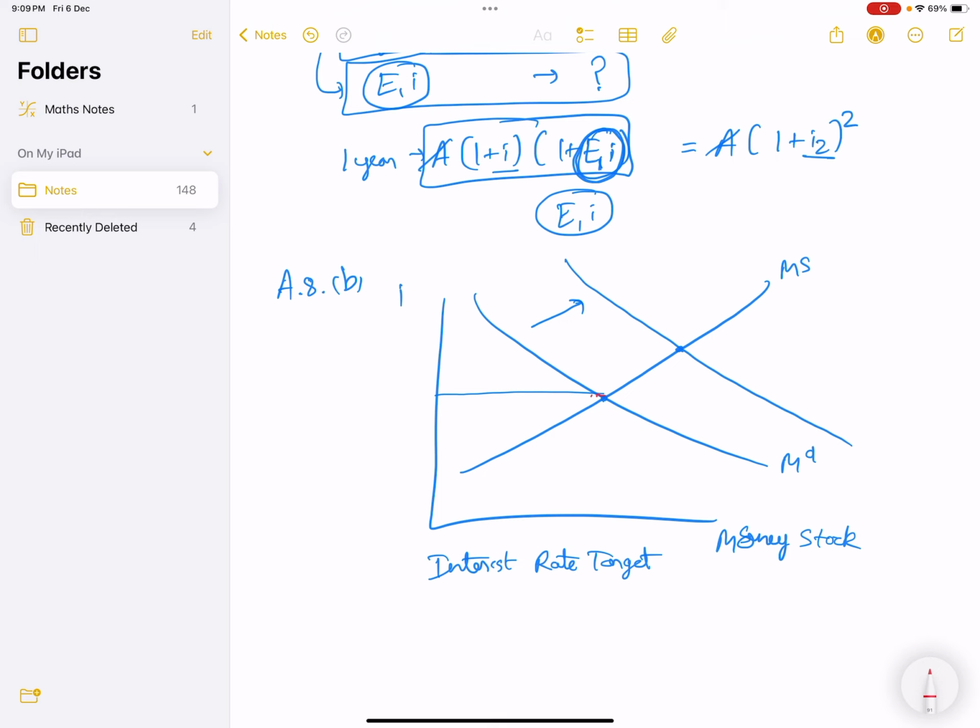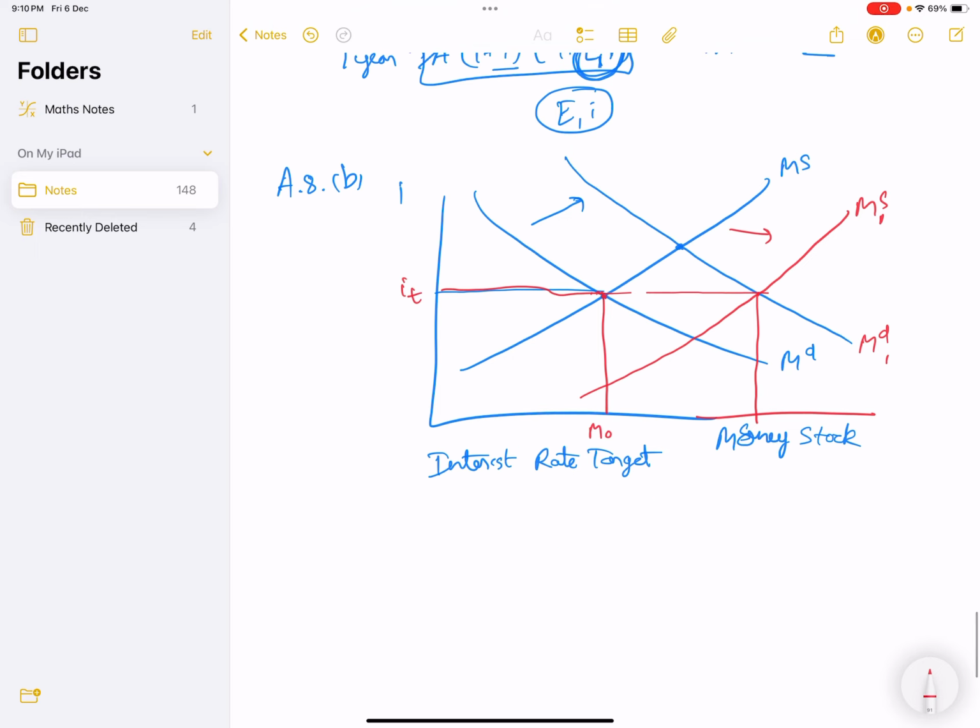We want to get to the same interest rate. So this is the target, right? They will increase the money supply to this so that we are back at the same level of the target. So this was M0, this is M1. Although the money stock has increased, we are still at the target level of interest rate.